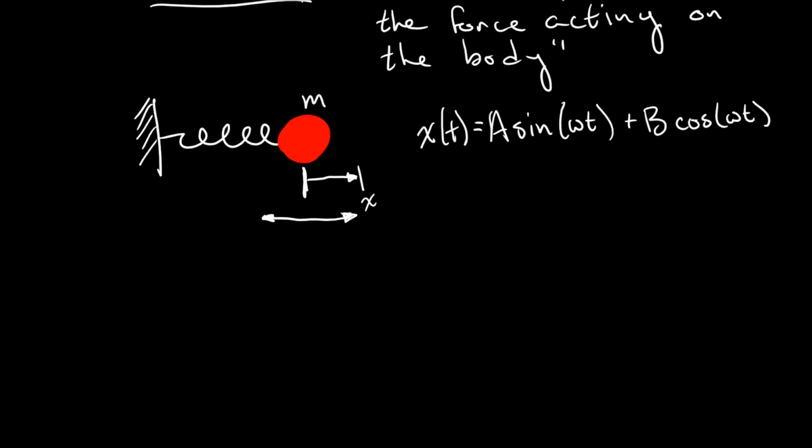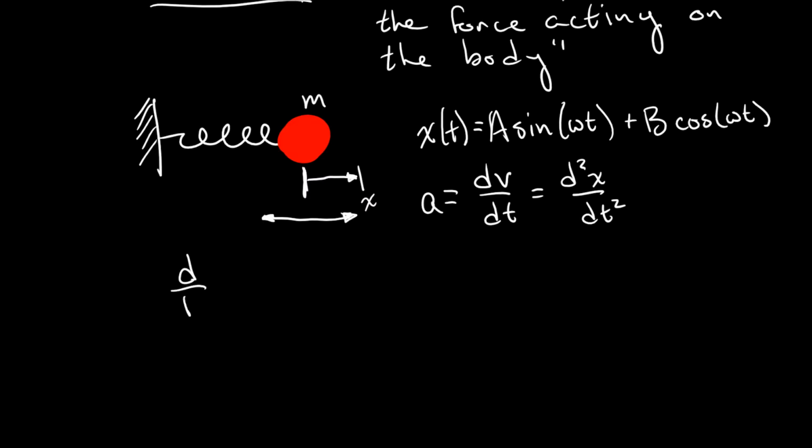So I have to find the acceleration. Well, we know that the acceleration is equal to dv/dt. We know that velocity is the time derivative of position, and so this is just the second derivative of position. So we have to know how to take derivatives of sines and cosines.